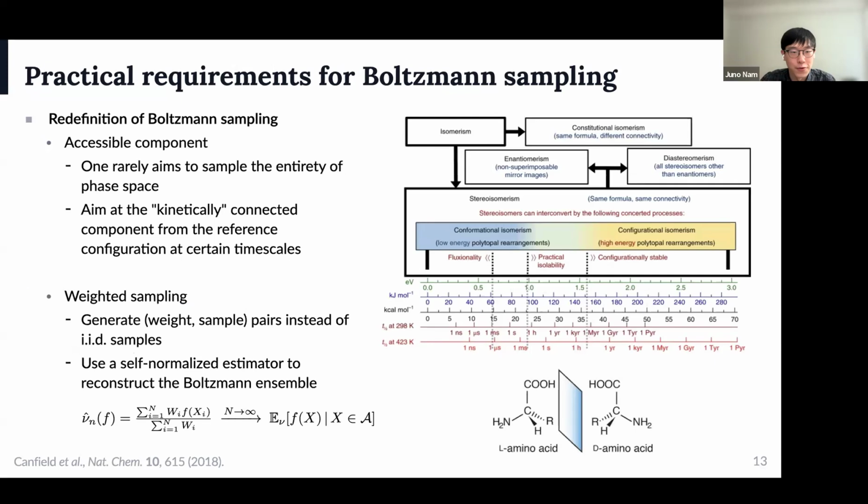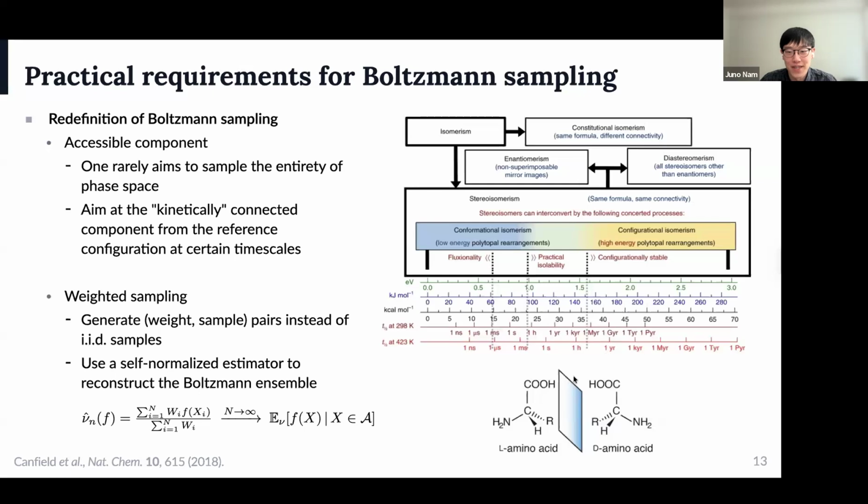So finally, before introducing the algorithm, I also want to introduce one more practical requirement for sampling. When we think of the Boltzmann distribution, it's the distribution given by the exponential of minus beta times the energy function. But it's usually very rare that we want to sample the entirety of that Boltzmann energy landscape.